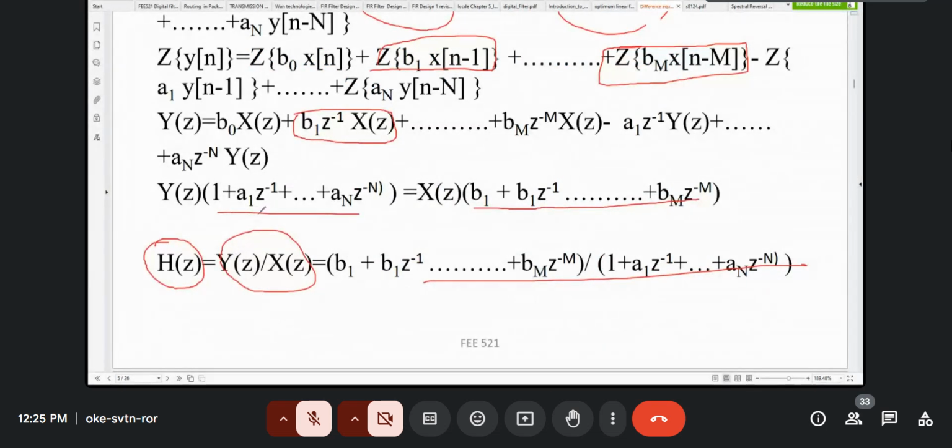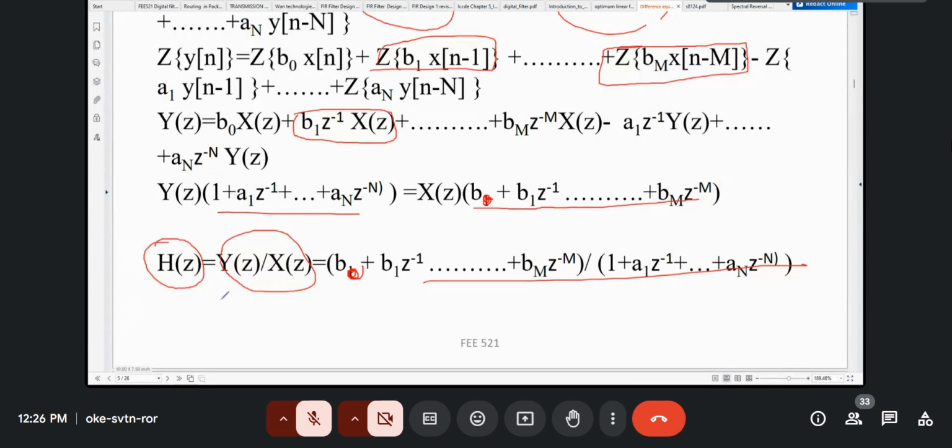From this, you can bring the Y of z terms to the left-hand side and combine them with Y of z. So you have Y of z times 1 plus a1 z to the minus 1 up to a n z to the minus n, equal to X of z times b naught, this should be b naught, plus b1 z to the minus 1 up to b m z to the power of minus m.